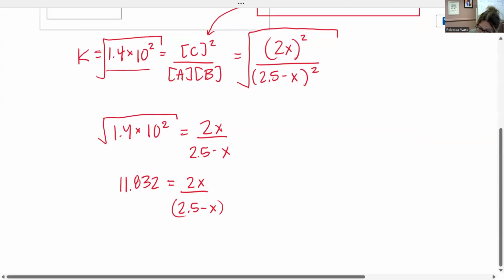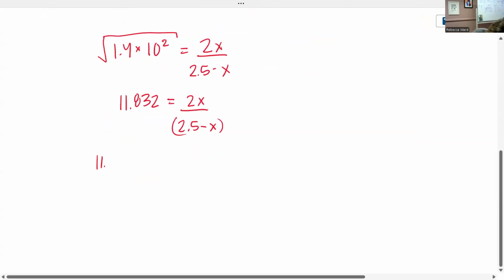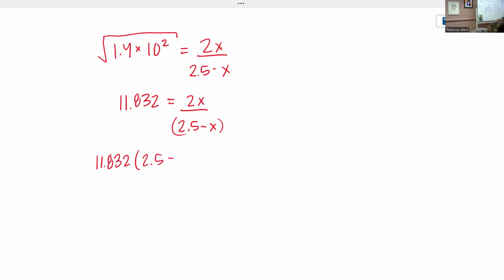That's going to give me 11.832 times 2.5 minus x equals 2x. I distribute this, times 2.5. So I've got 29.58 minus 11.83x equals 2x.